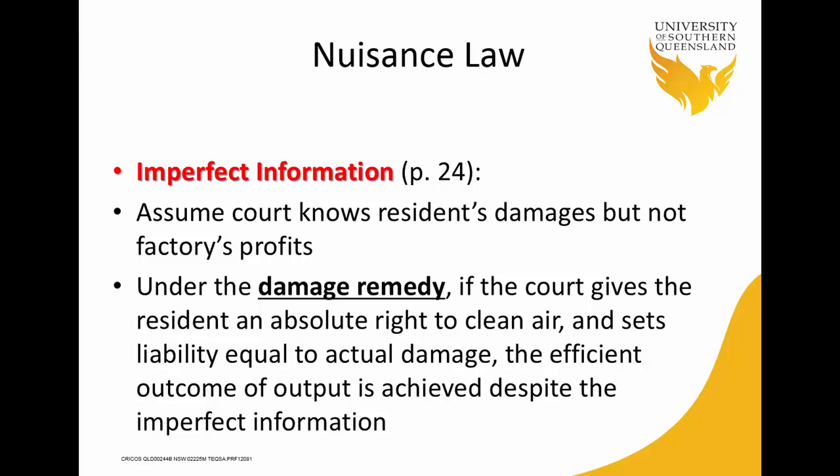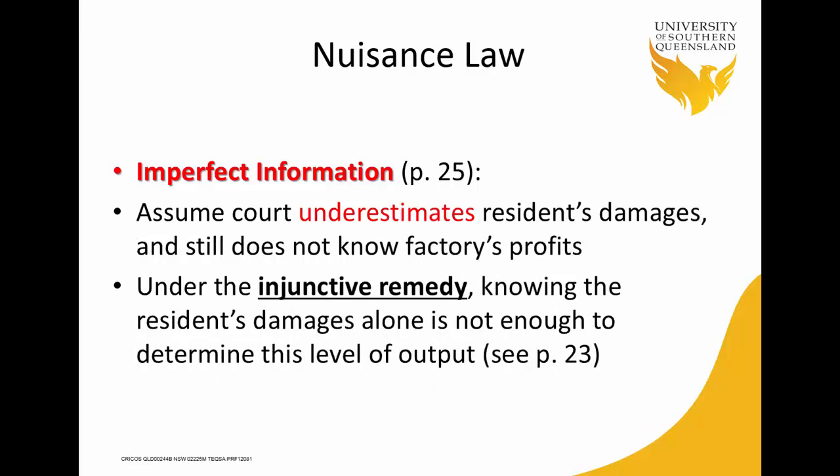Alright, now let's change our assumption even a little bit more and assume now that the court doesn't know the resident's damages. In fact, it's only going to underestimate them. So we know that there's a ceiling and the court will always be under the ceiling, so it's underestimating the resident's damages. That's all that we know. We don't know the factory's profits and we don't know the resident's damages.